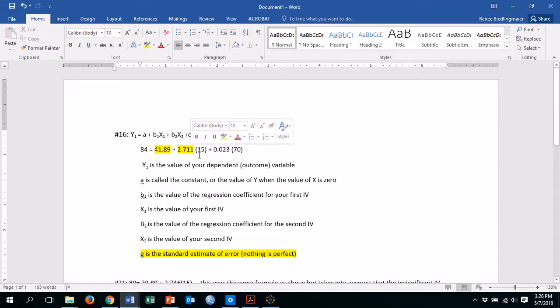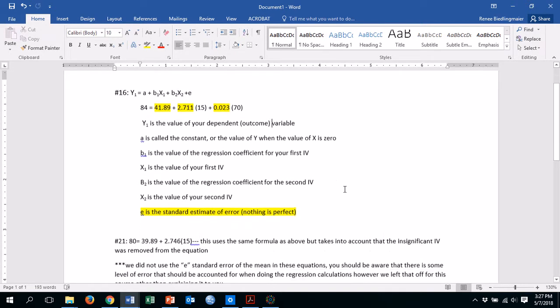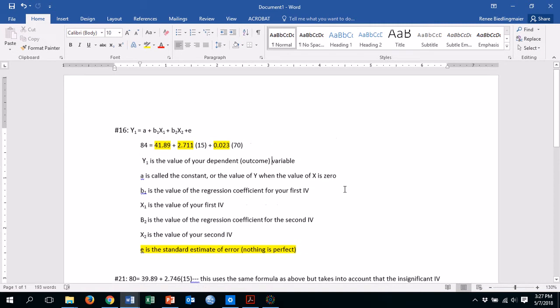The subject is 15 years old, so that's where that 15 comes from. Then the 0.023 is your beta coefficient for, in this case, knowledge, and the score on the exam is 70. So that's where those numbers came from. Then you do the math and you come up with 84 point something, but 84. Okay, so that was 16.